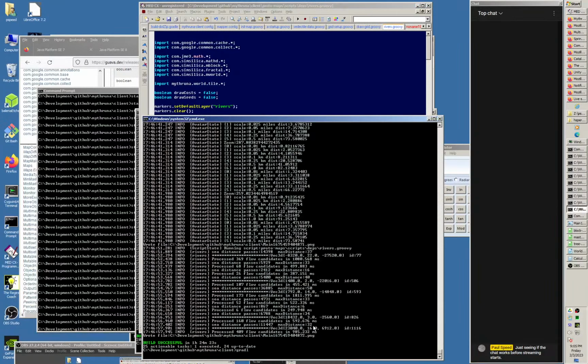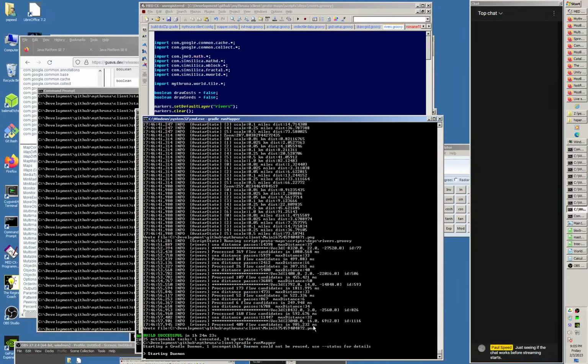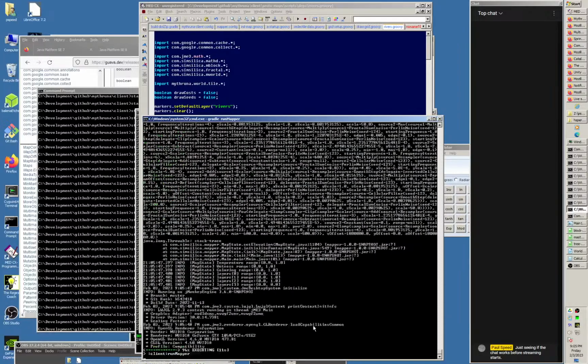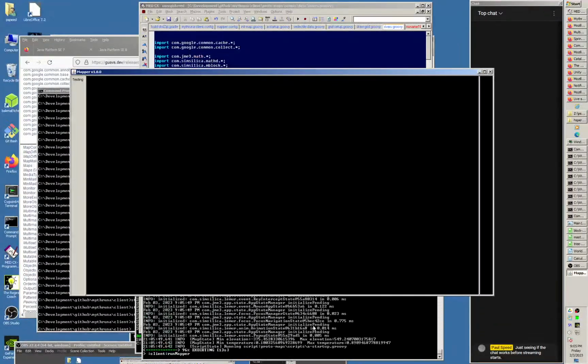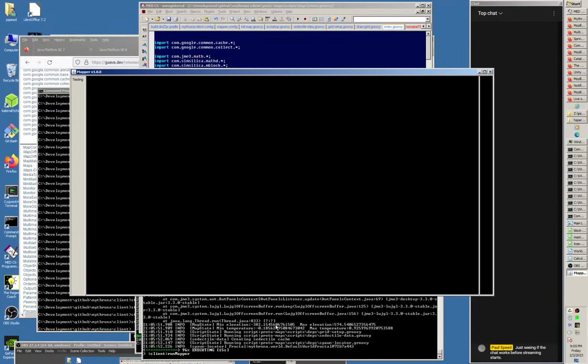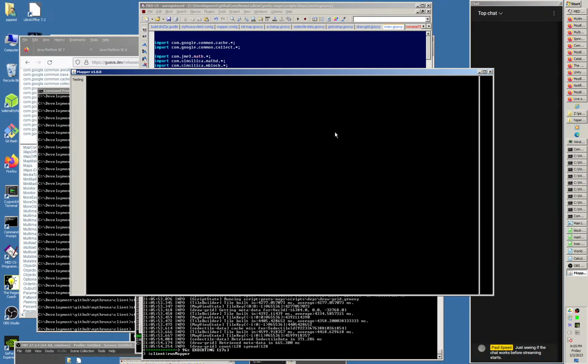Okay, so run the mapper tool. One of the problems before was that every time I edited one of the fractals over on the mapper side, I had to transfer that edit over to the Mythruna code, and that wasn't always a one-to-one translation. So getting the world to match, when you log into the world or run around in the world, getting it to match this map was sometimes kind of tricky.